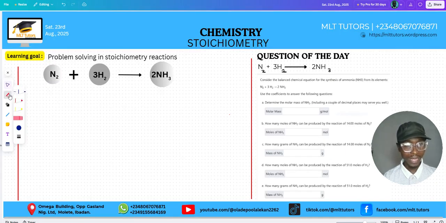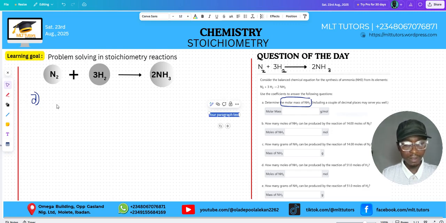All right, so we are attempting question A first. Let's identify the problem: determine the molar mass of ammonia. So we are looking for the molar mass of ammonia in this question.